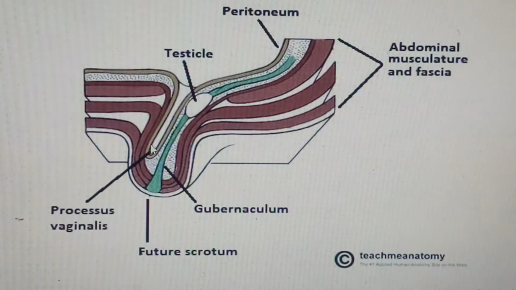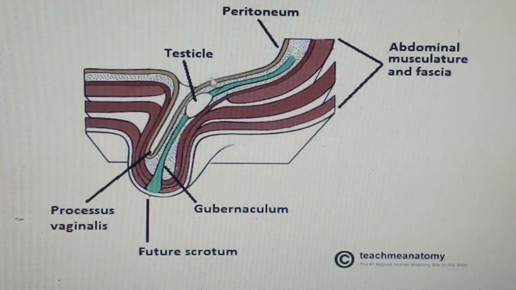It moves alongside as the gubernaculum is coming down, and that is why we say that this processus vaginalis, alongside the muscles and other fasciae around here, will contribute to the wall of this inguinal canal that we are talking about.